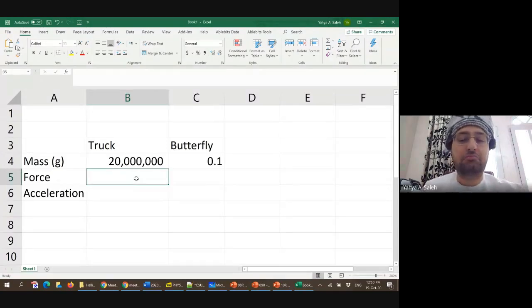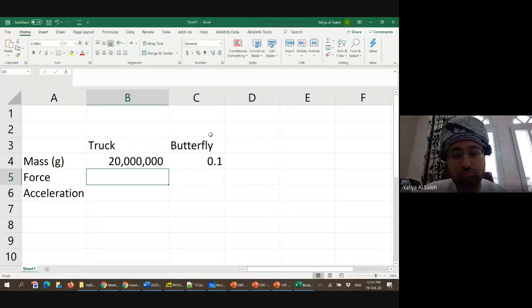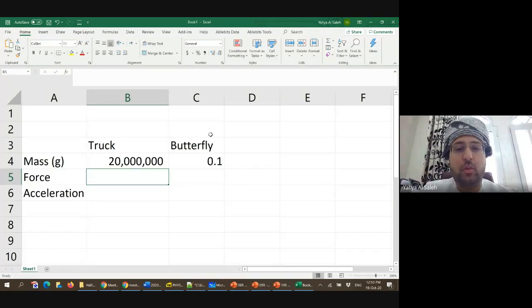Let's say the force is, what kind of force do you want? Give me a number. Anyone give me a number. Remember, it's a truck hitting a butterfly, so it's really, really large.